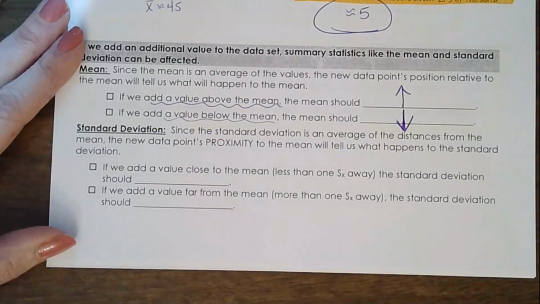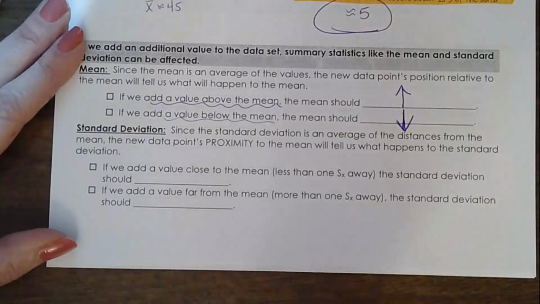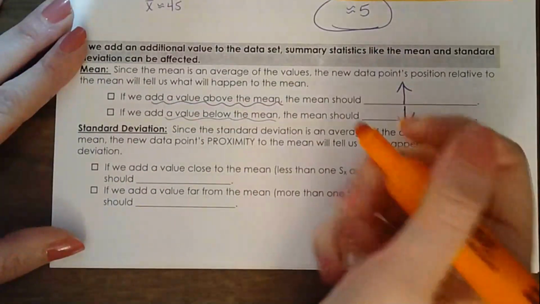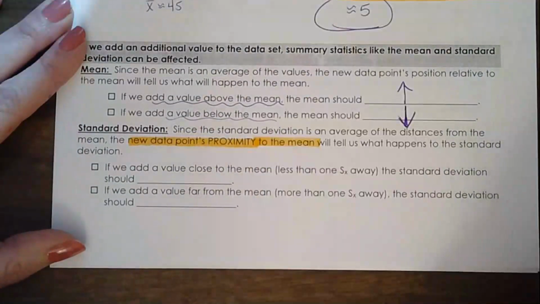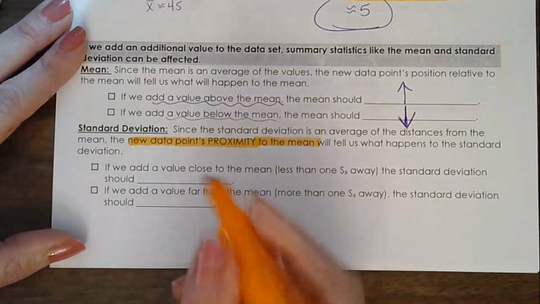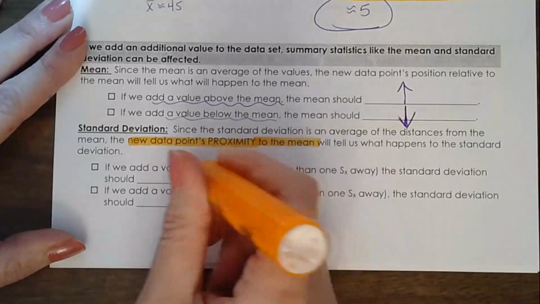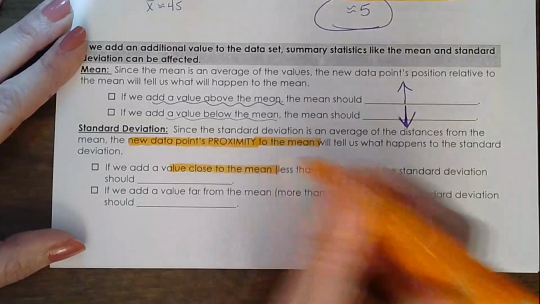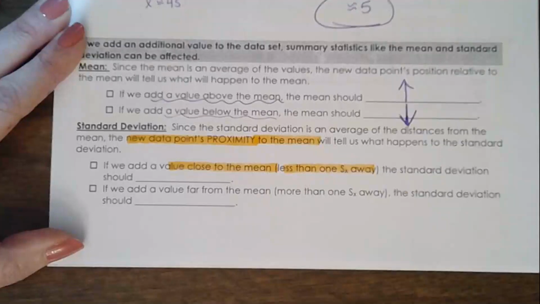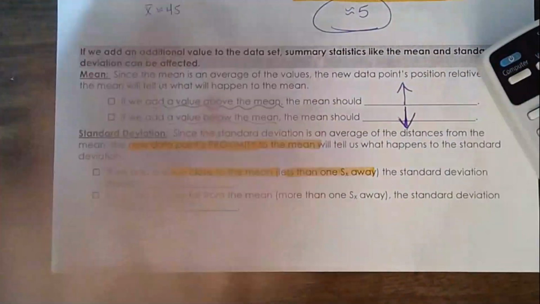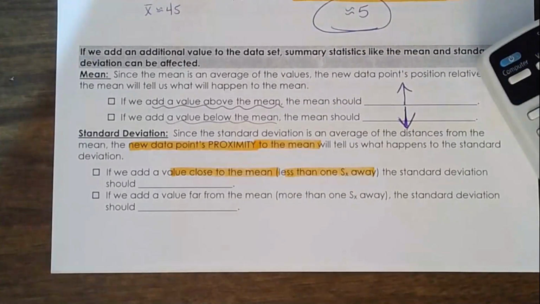Now, let's talk about what would happen to the standard deviation. Remember, the standard deviation is dependent upon the new data point's proximity to the mean. If we add a data point close to the mean, or in other words, less than one standard deviation away, what will the standard deviation do? Think about it, you guys. If I add a data point close to the mean, my average distance from the mean is now smaller.